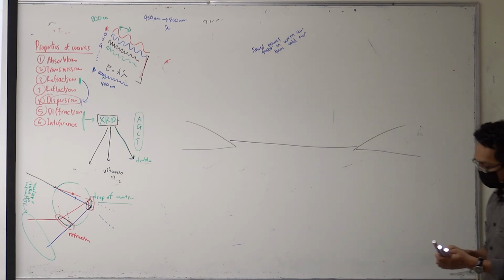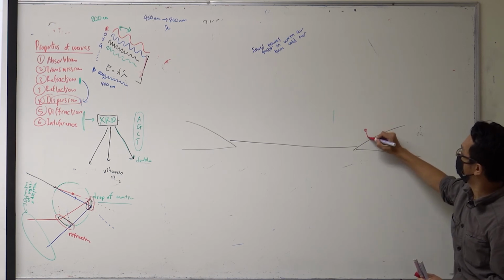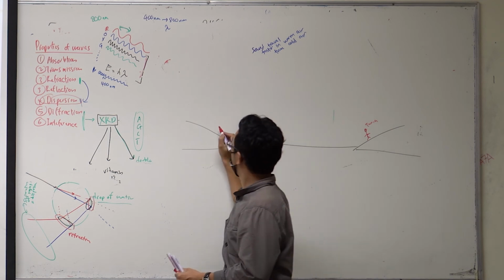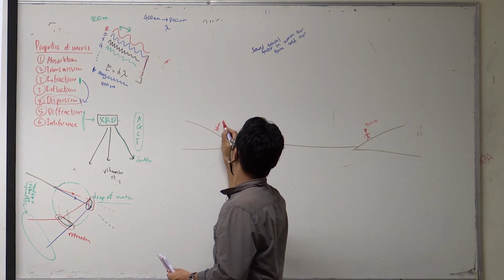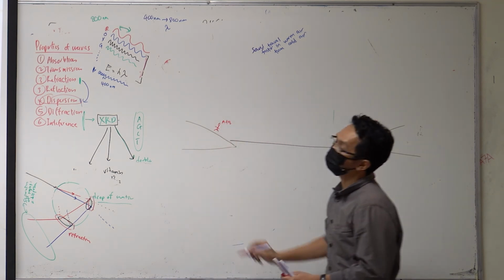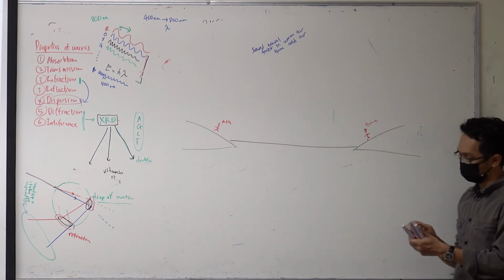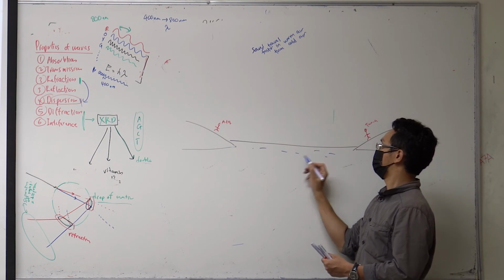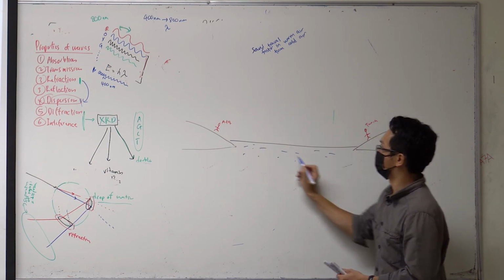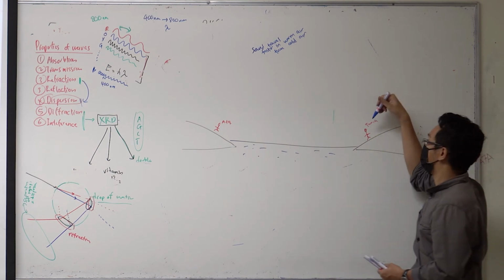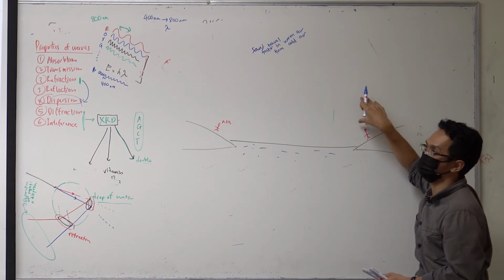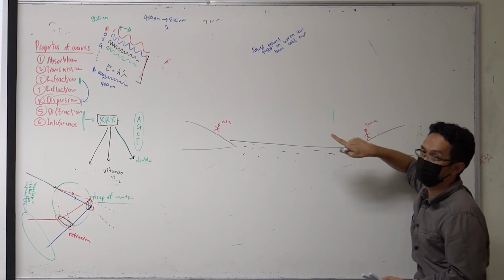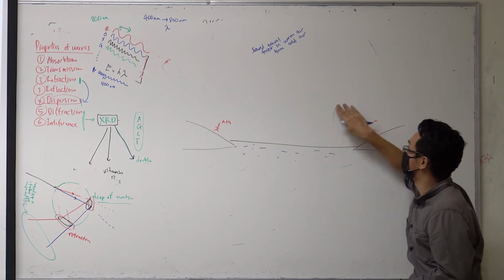For example, this is Tanya here, and this is Afiq here. Let's say this is the lake, in the middle. Sometimes when Tanya tries to shout to Afiq, Afiq can hear it very clearly. Sometimes he can't. There are reasons for that.